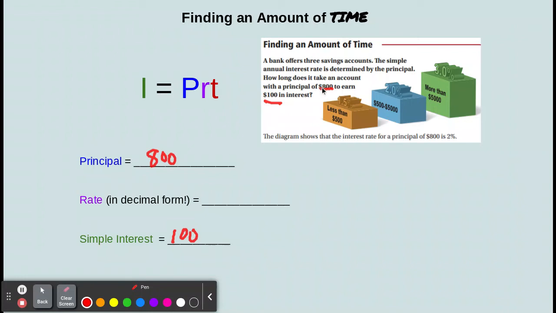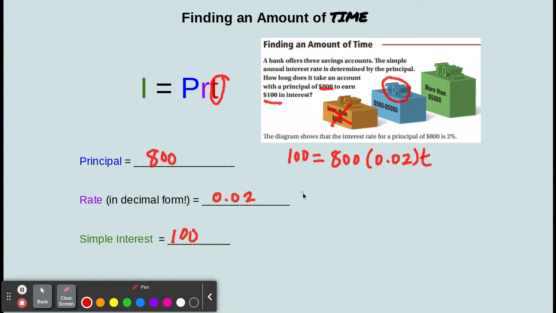Our rate is 2%, and 2% in decimal form is 0.02. So we can use all this information to help us find t, time, right? So the amount of interest we earned was $100. Our principal amount was $800. The rate is 0.02, and we don't know what time is.